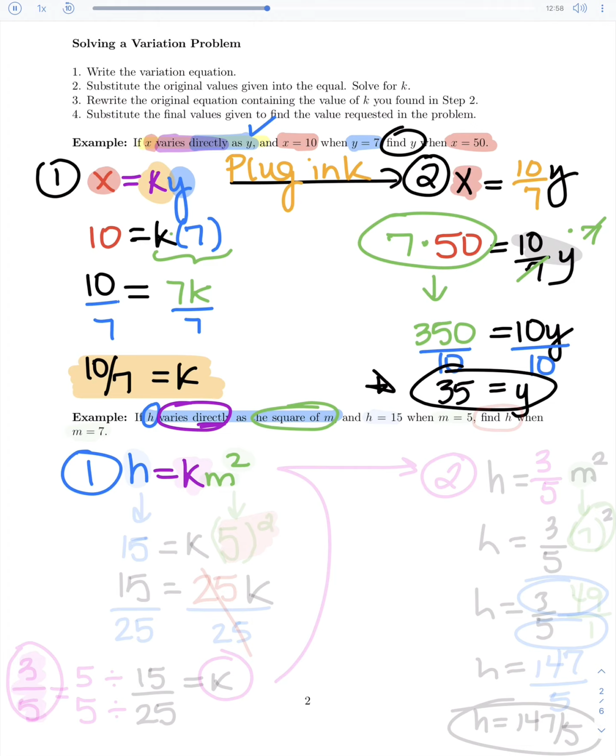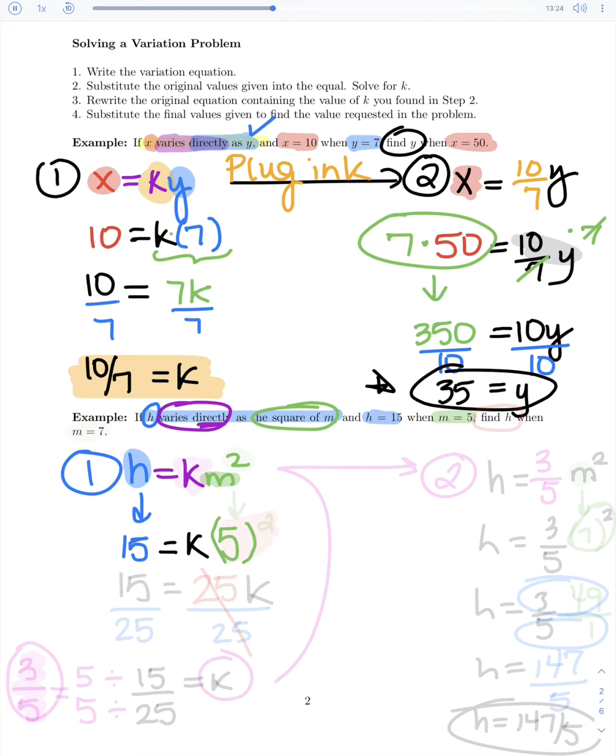Now I need to plug some stuff in. Well, in the next little part, they tell me that h is 15, so I can plug that in. And I have my equals. I don't know what k equals yet, but we're going to figure that out. And then they also tell me to use m equals 5, so I can replace the m with 5.